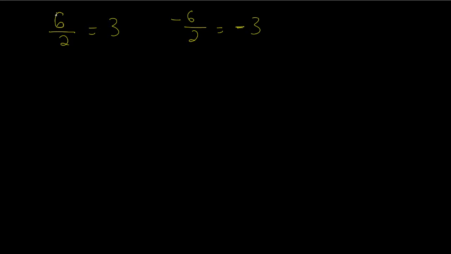And we want to think about if I'm doing this division, then to check my answer, I can go backwards. 3 times 2 gives me 6. Negative 3, well, negative times a positive gives me negative 6. And so division works out that it undoes the multiplication.